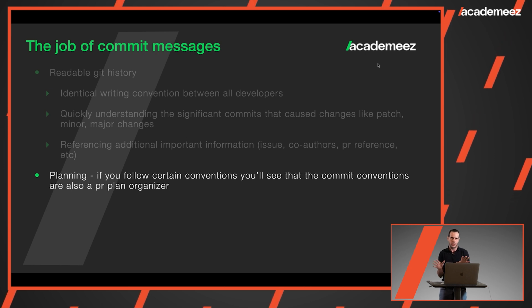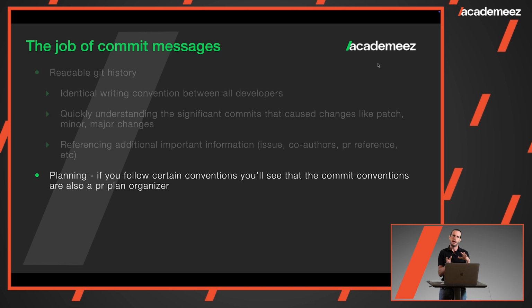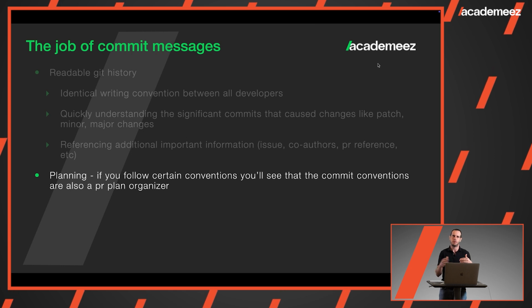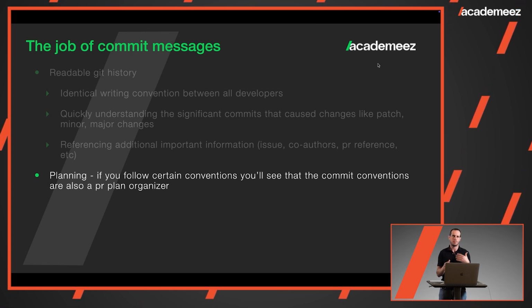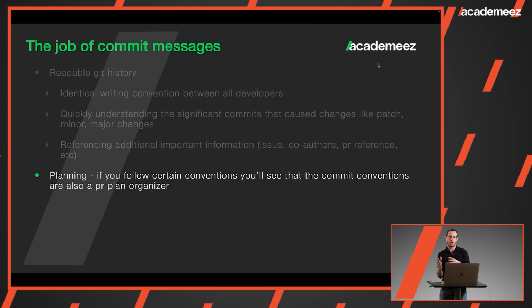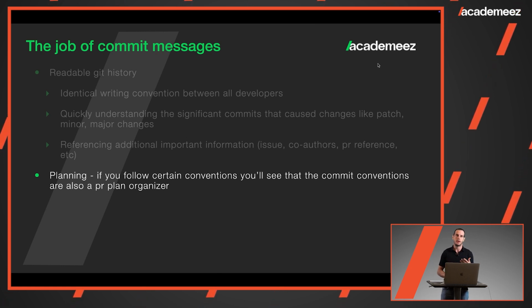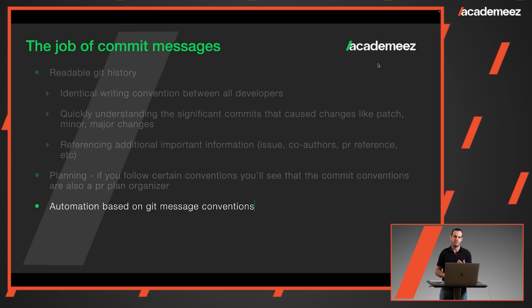Not all the time, by the way, but sometimes they make you rethink and plan, hey, if I split it into a different PR, I can actually merge this fix quicker to main. I don't need to wait for my entire feature. So those really make me rethink my plan and merge more code to main than I originally planned. So this is a really important aspect of those commit messages that I find makes my work extremely better.